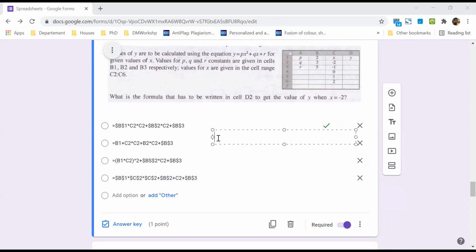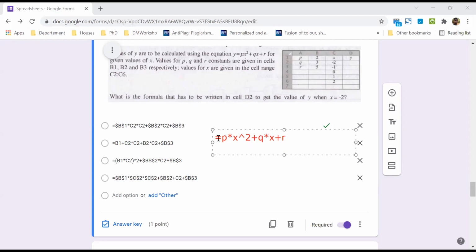I will type it in first like this: P into X square. Right? So either we can use hat 2, and then plus Q into X plus R. This should be the answer.